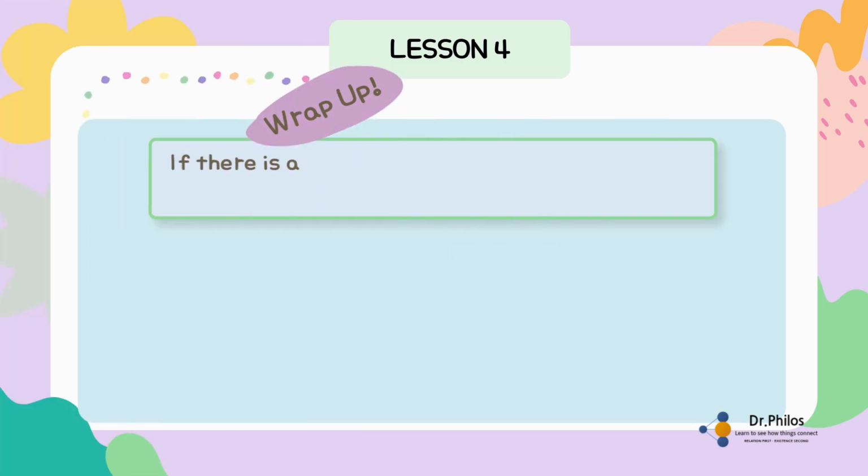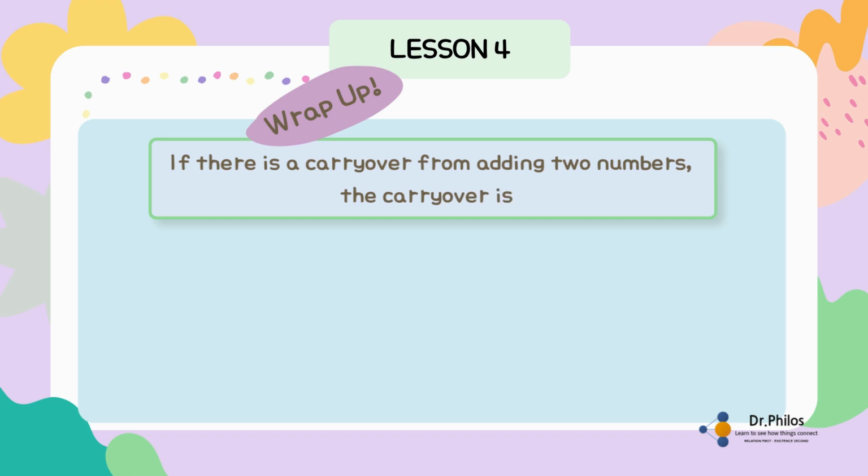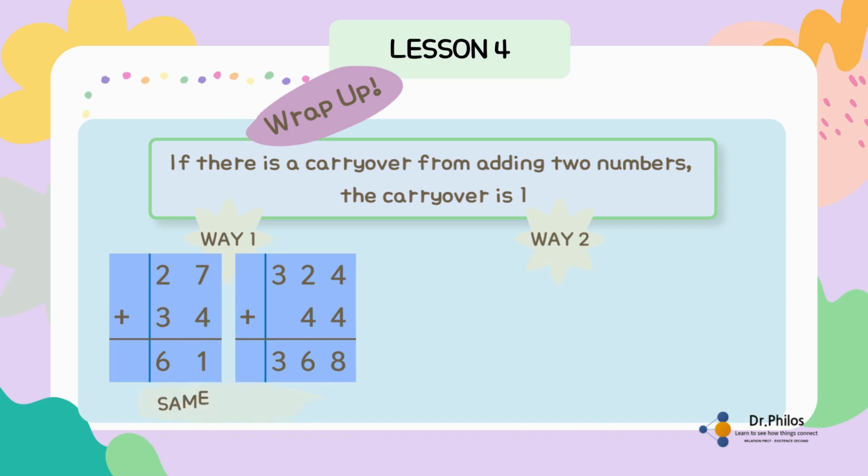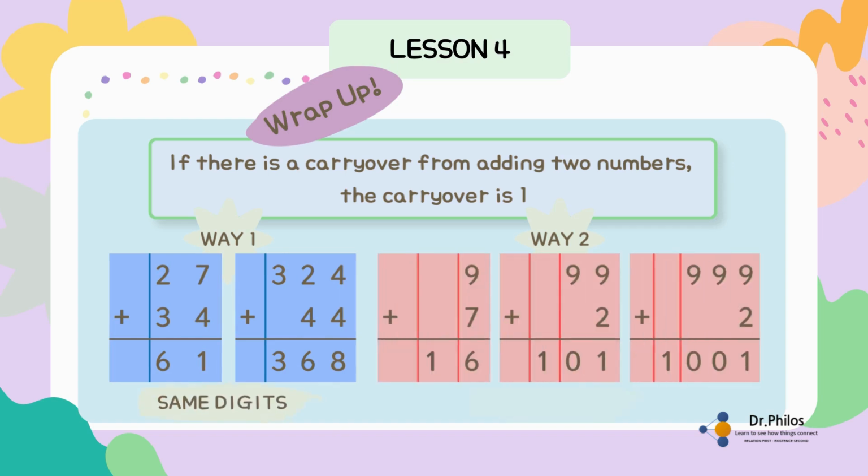Second, let's look at the effect of the rule. If there is a carryover, the carryover is 1. When there is a carryover, there are two ways. Sometimes the number of digits does not change, and sometimes the number of digits changes.